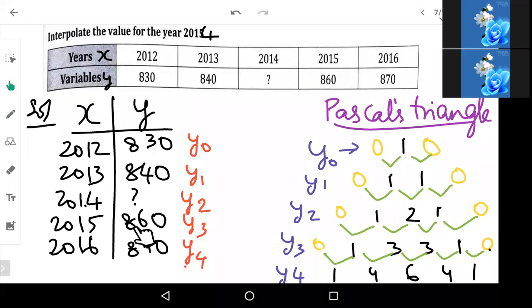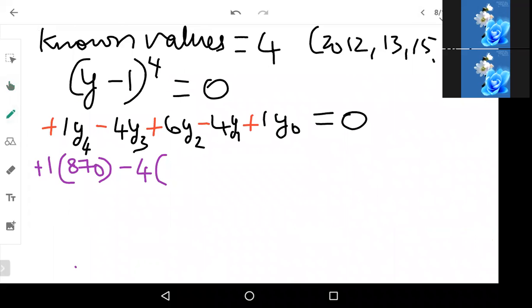Y3, 860. So in the place of y3, I will write 860. Then plus 6y2, because I don't know what y2 is. We have to find out what y2 is. Then minus 4 into, coming to y1.